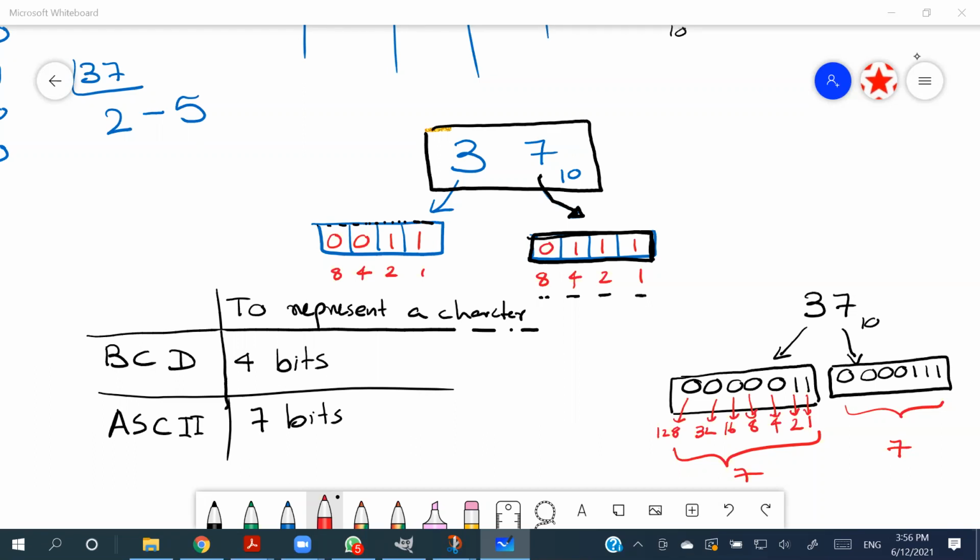The question is whether we write these leading zeros for this representation. In BCD and in ASCII we write those things, because that particular space is given.